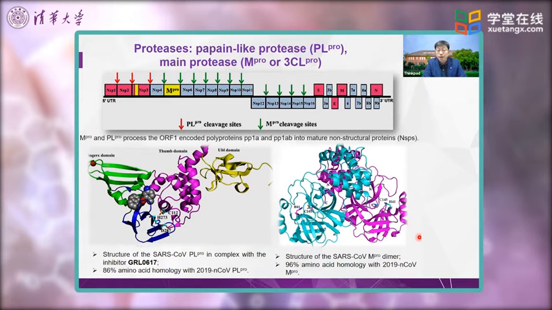It has an even higher homology, sharing 96% amino acid with the novel coronavirus. This high similarity means we can use those known structures to help us design new inhibitors against the novel coronavirus.